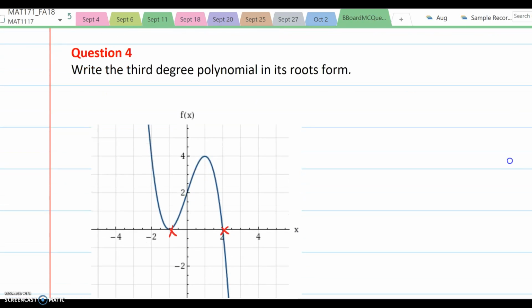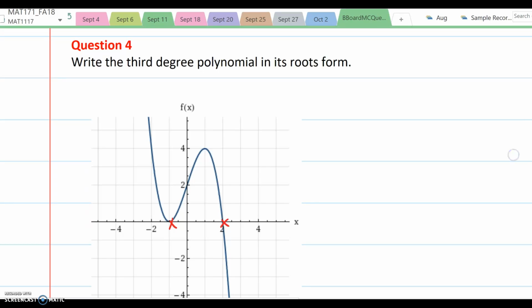Now, question 4. It says, write the third degree polynomial in its roots form. Remember, in its roots form, in its linear form, or you can say the factored form.